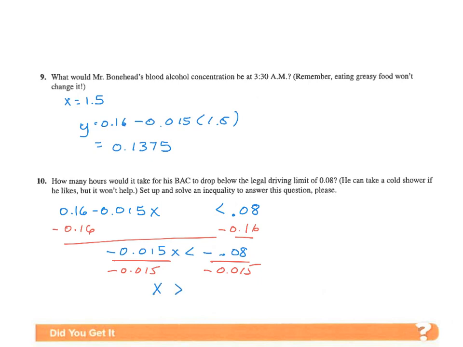And so no doubt you're going to get like 5.33333. So that's 5 1/3 hours. And most of us know that that's 5 hours. What's a third of an hour? 20 minutes. Okay. So he better find a couch to sleep on before he starts driving, or either get a cab.